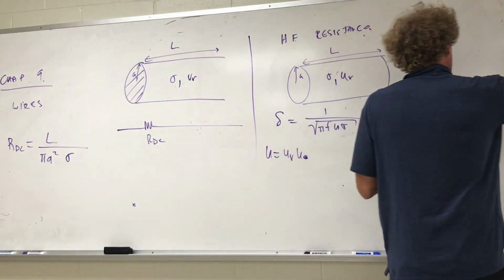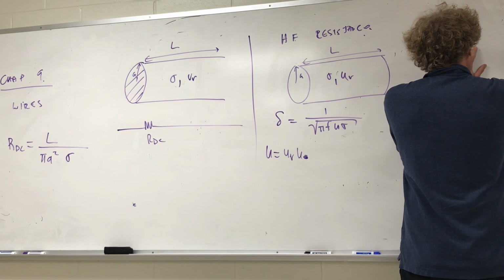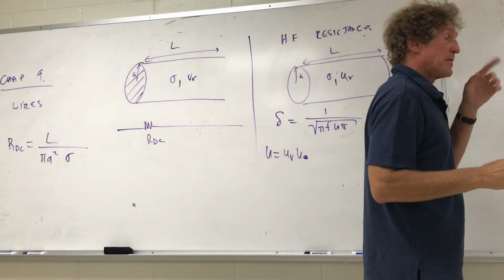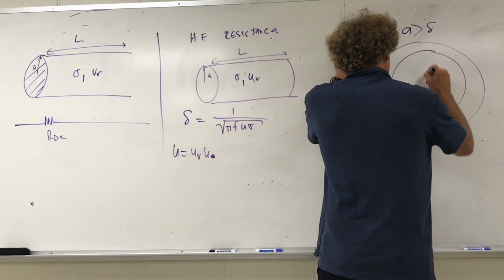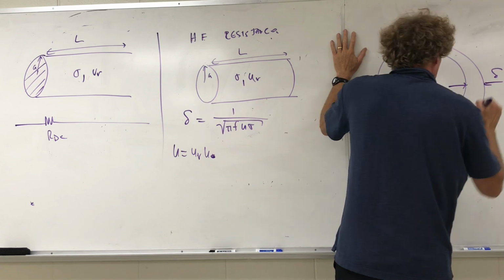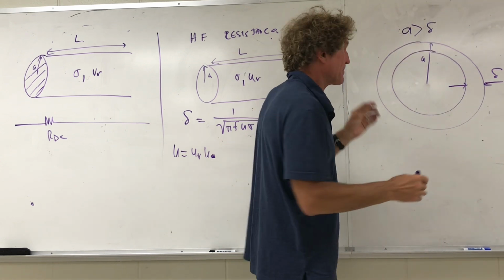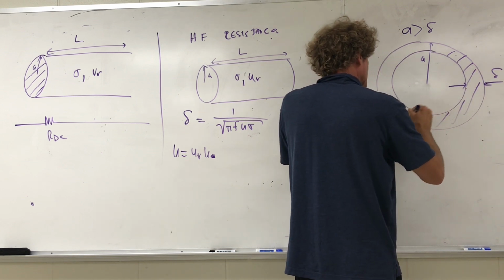Now, these are the assumptions: if the radius of the wire is going to be greater than the skin depth, then as far as the area that the current penetrates, this is the radius A. The actual current will penetrate an area of the skin depth thick on the surface. This is an accurate assumption.